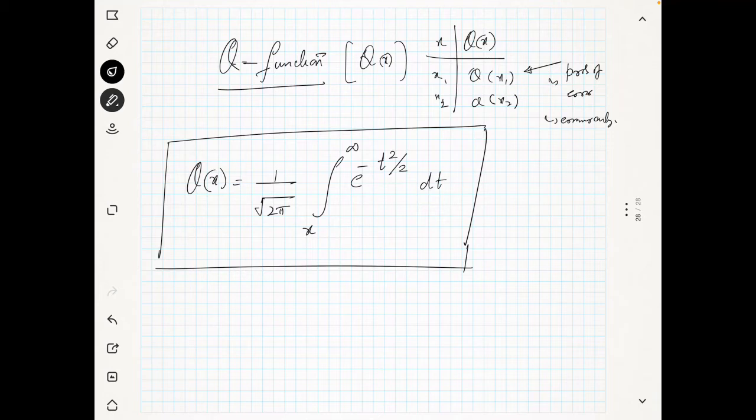Okay, so you can see this is like a Gaussian distribution.